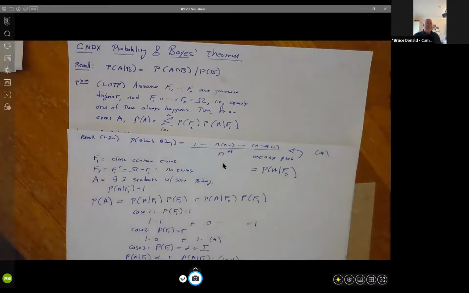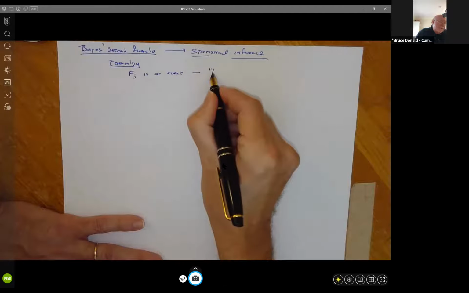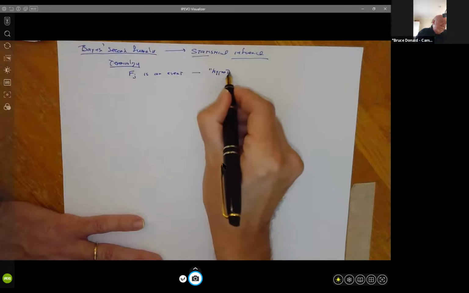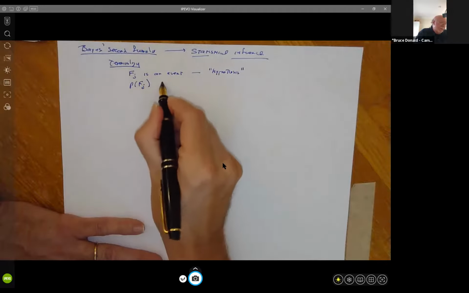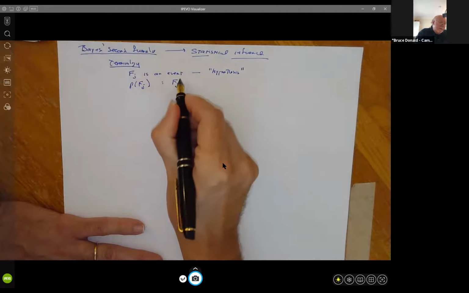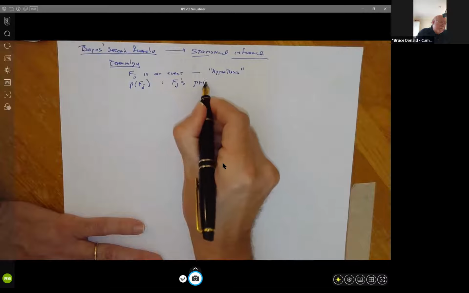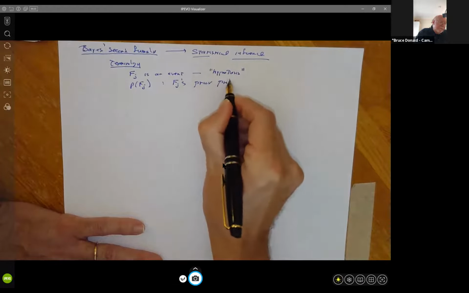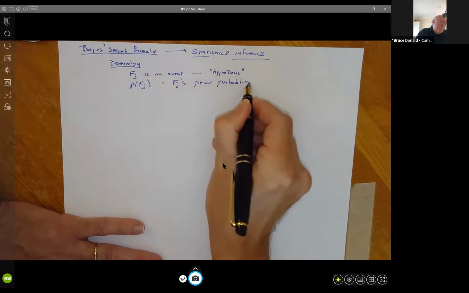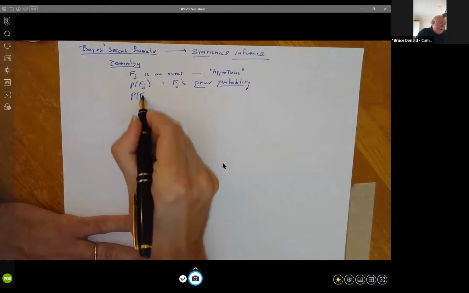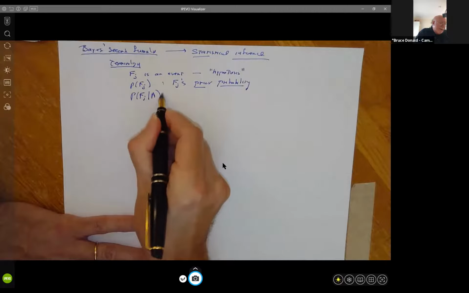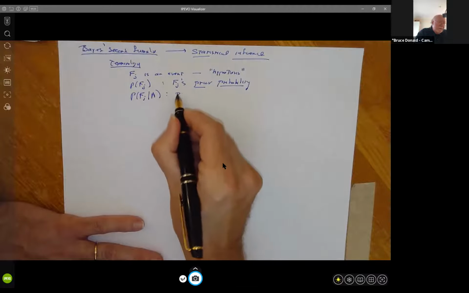But in the Bayesian framework, it's often called a hypothesis. Now, the probability of Fj is often called Fj's prior probability. And the probability of Fj given an event A is called the posterior probability.